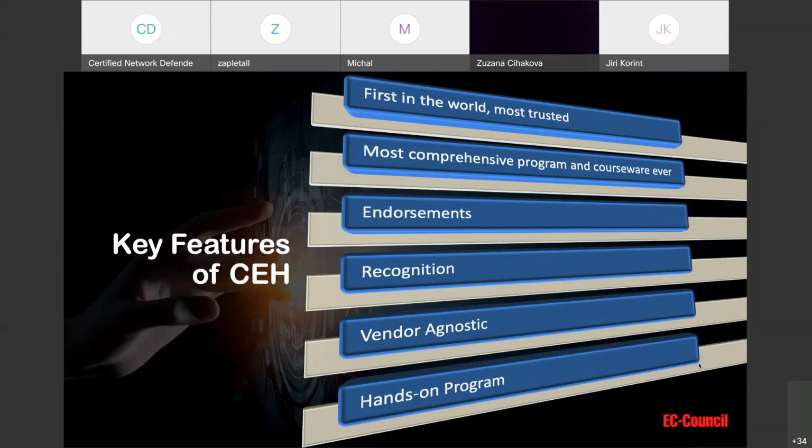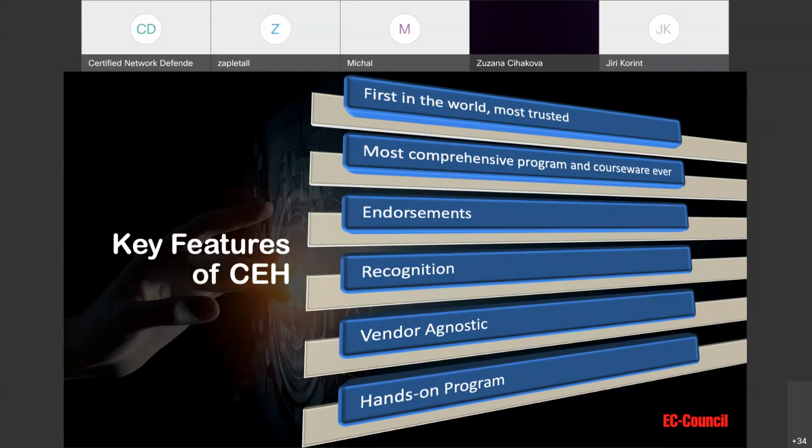So I'm just going to pick something out of this. I'm sure anyone who's heard of EC Council has heard of the CEH. In terms of our accolades globally with regards to that certification, we're held in extremely high regard, and something I will focus on is that hands-on program.